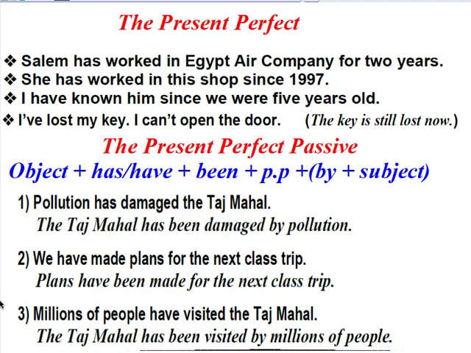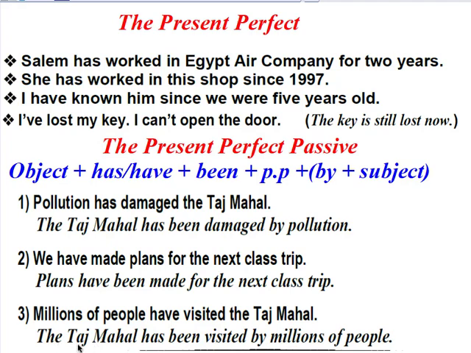Number 3. Millions of people have visited the Taj Mahal. Here the subject is millions of people. It's a plural noun, so it was followed by have. But when we want to use the present perfect passive, you have to use the object instead of the subject.